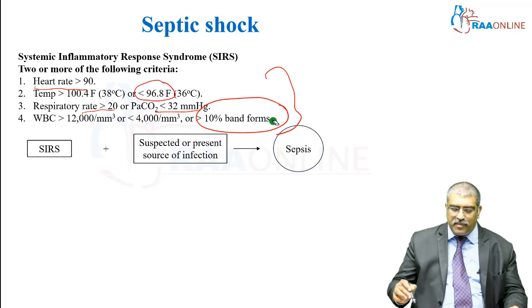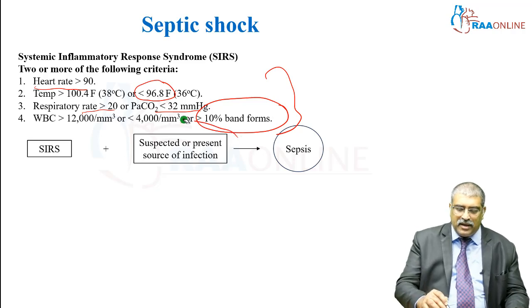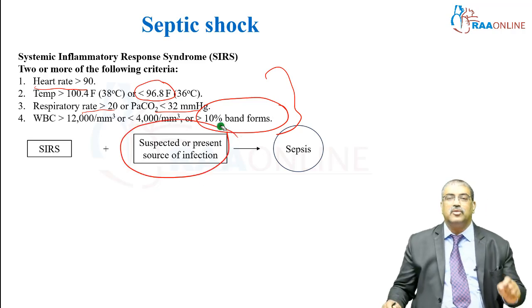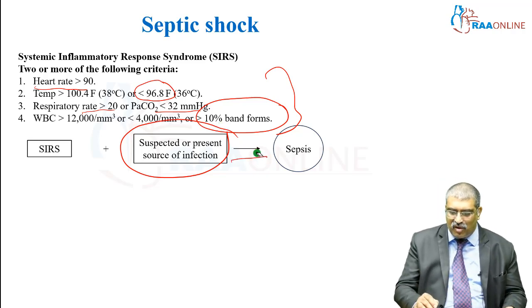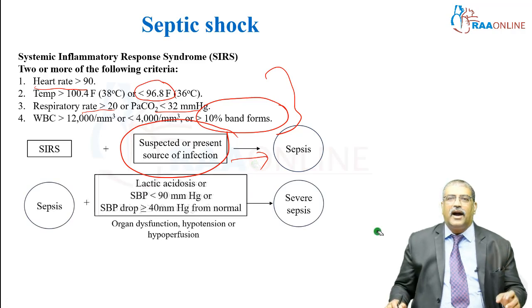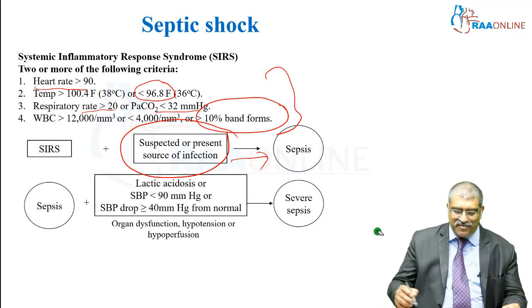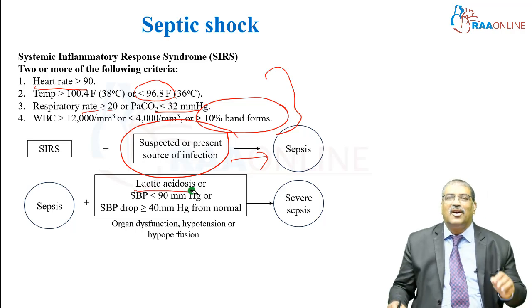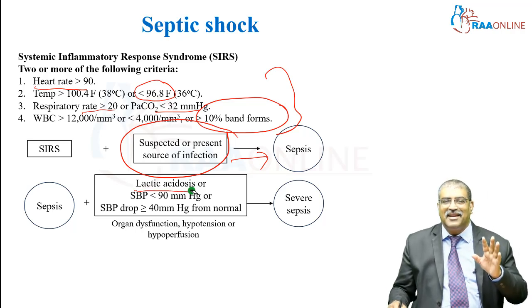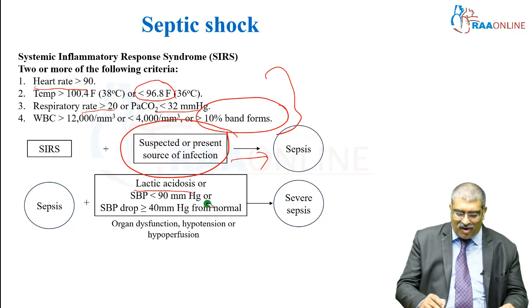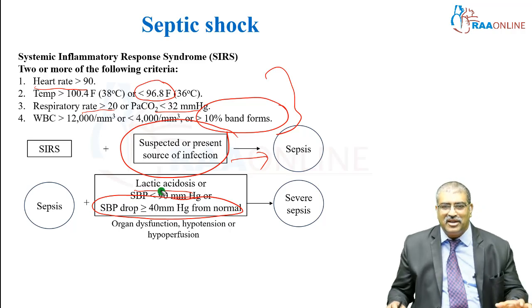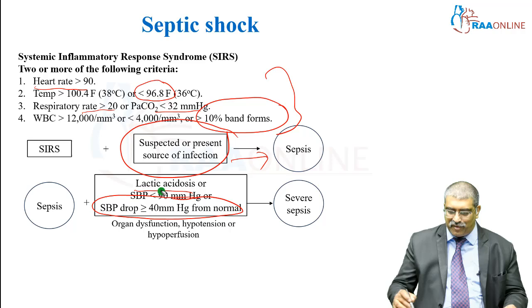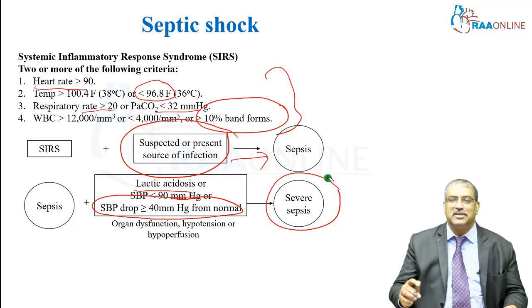If this systemic inflammatory response syndrome is present in addition to a suspected or present source of infection, it is called sepsis. And this sepsis in addition with lactic acidosis or the systolic blood pressure less than 90 millimeter of mercury or the drop of systolic blood pressure of greater than 40 millimeter of mercury from normal, in addition with organ dysfunction or hypotension or hypoperfusion, it is called severe sepsis.